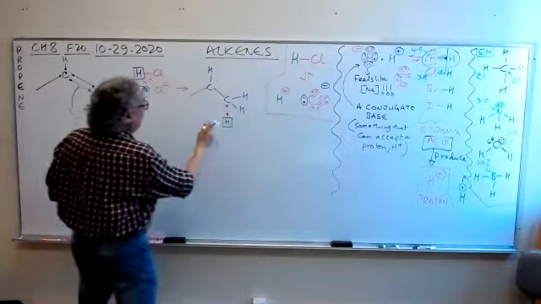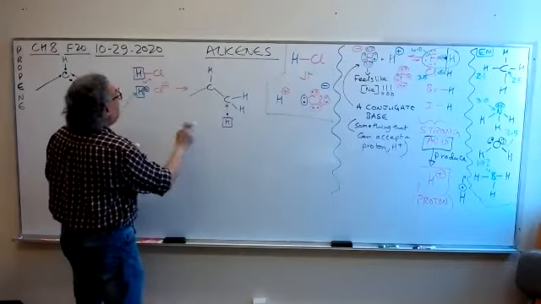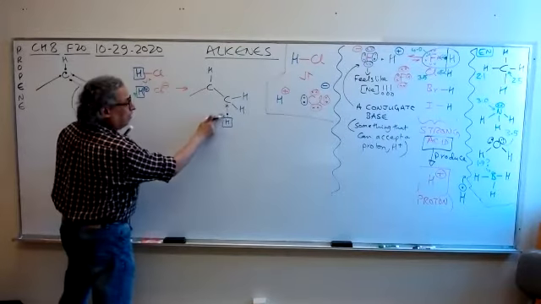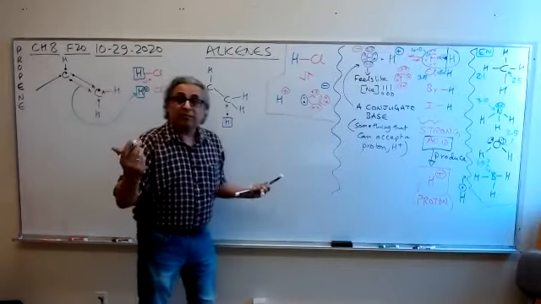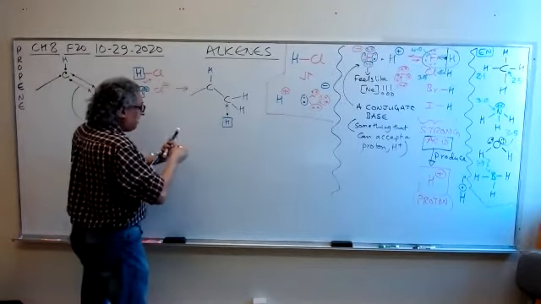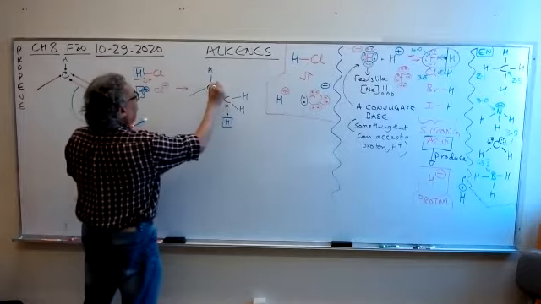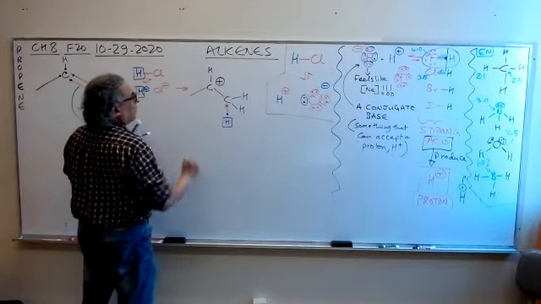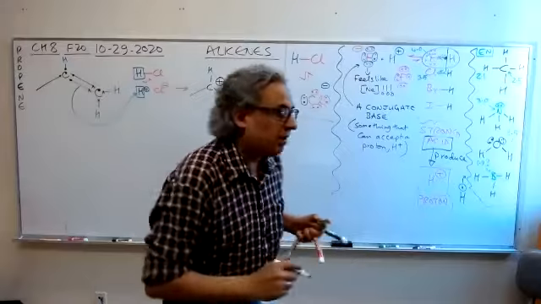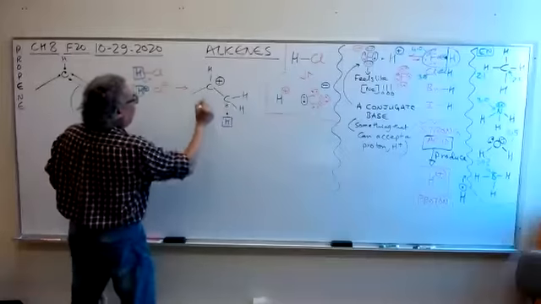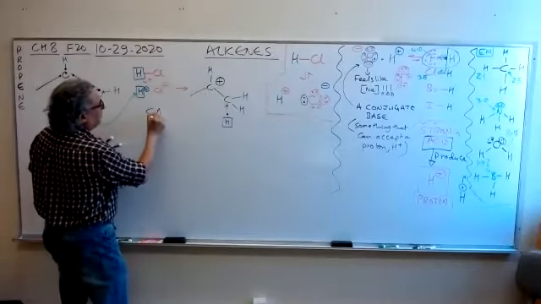So as it picked up the proton, this proton is happy because it got an electron, but this guy got screwed up. This got the short end of the stick, okay? Now this carbon is positively charged, and this is called a carbocation. This is called a carbocation.